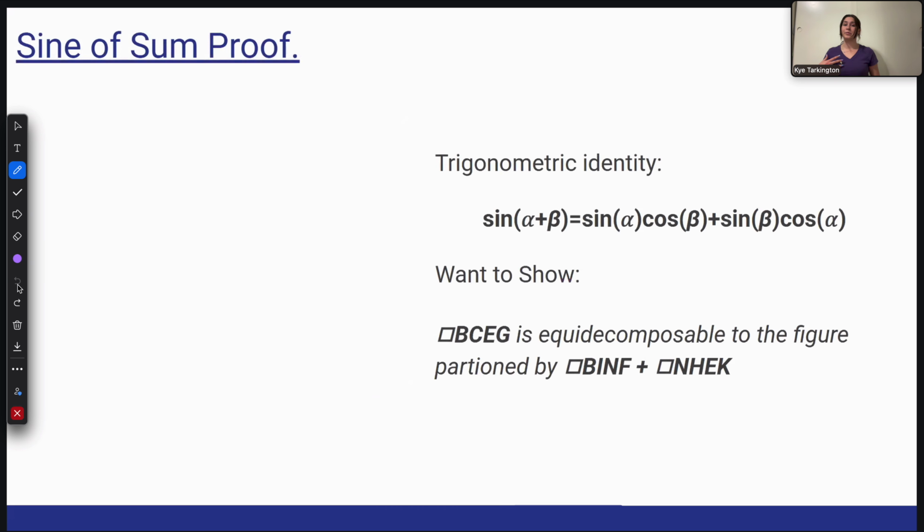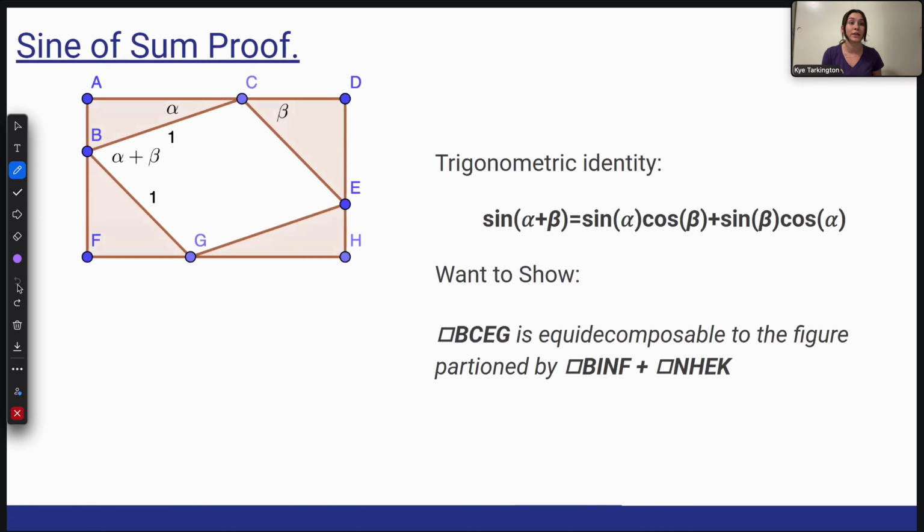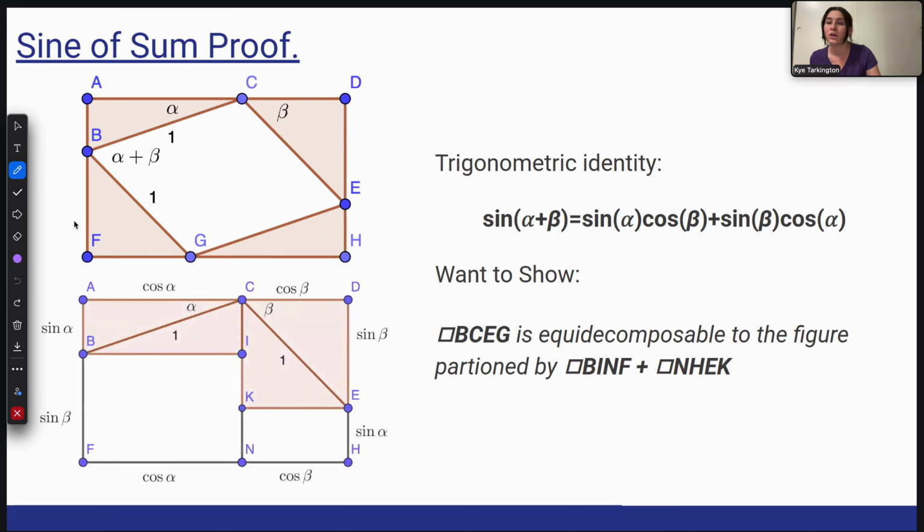All right, the trig identity we're trying to prove is going to be our sine of a sum identity right here. What we want to show is that this quadrilateral BCEG is equidecomposable to this polygon FBIKEH.